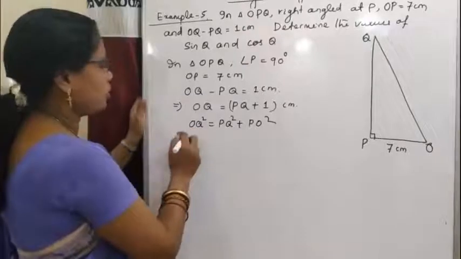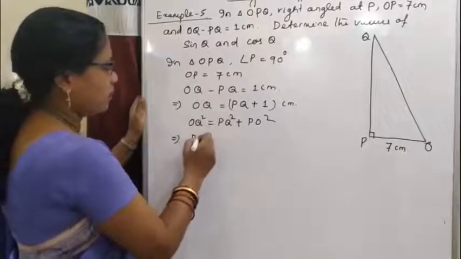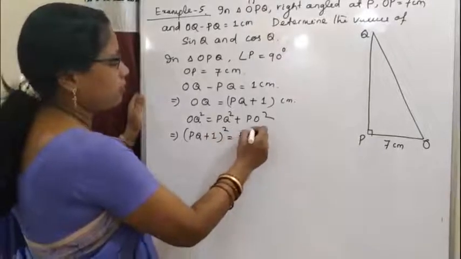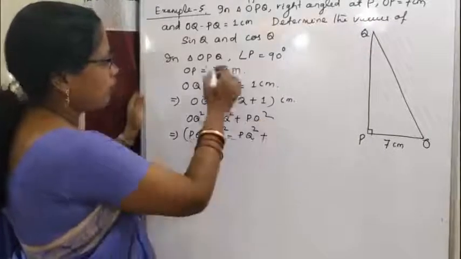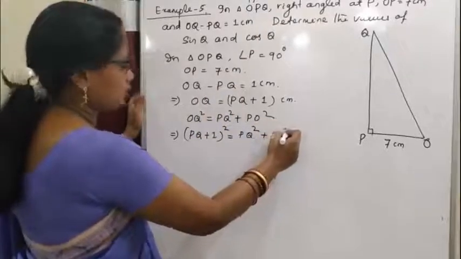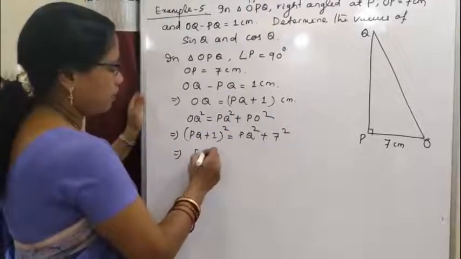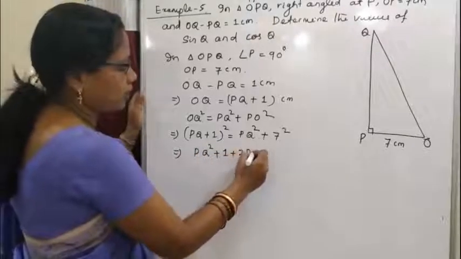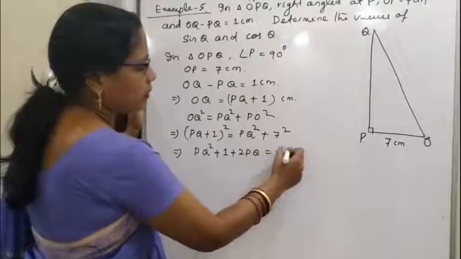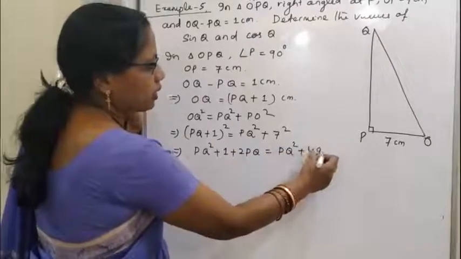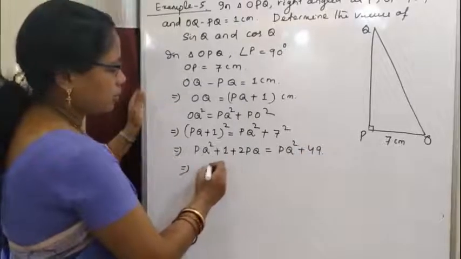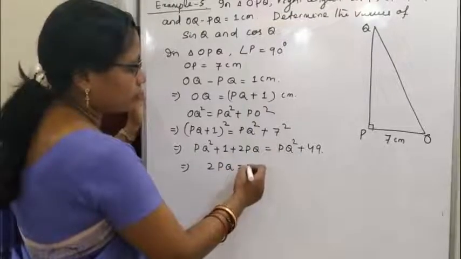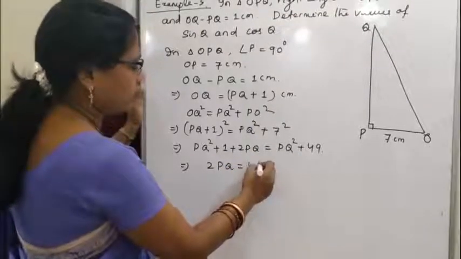So what is OQ? So this implies PQ plus 1 whole square is equal to PQ square plus OP, which is given, that is 7 square. So this implies PQ square plus 1 plus 2PQ is equal to PQ square plus 49. So this implies 2PQ is equal to 49 minus 1, that is 48.